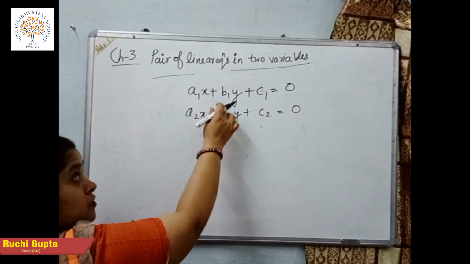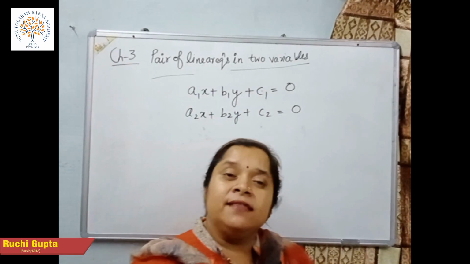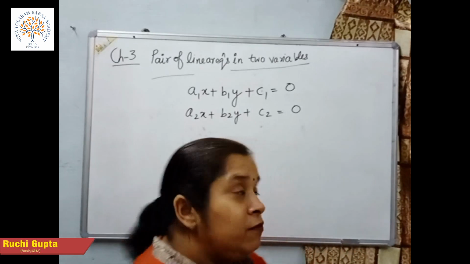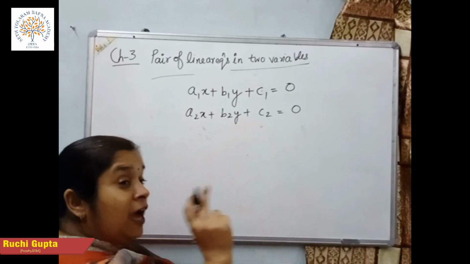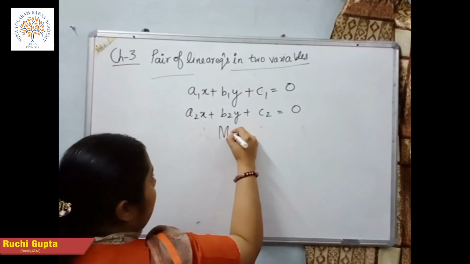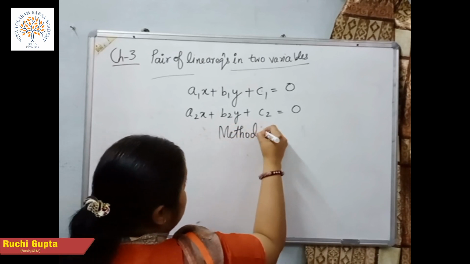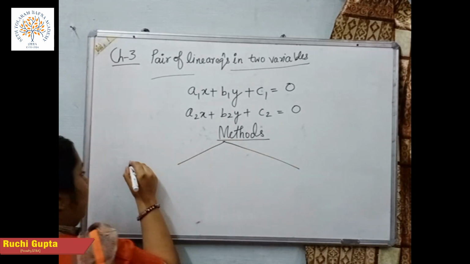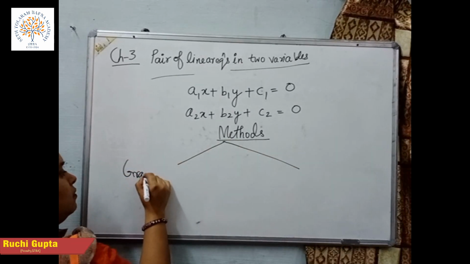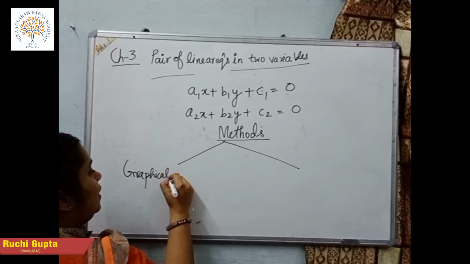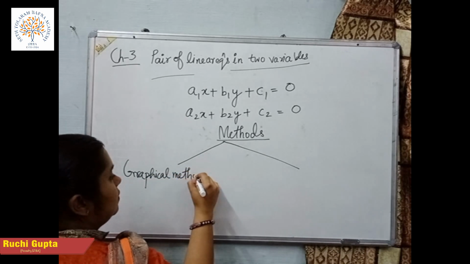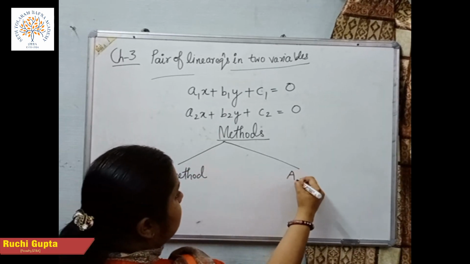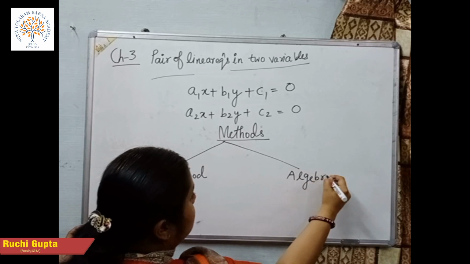Now to solve these two linear equations, which means to find the values of unknown variables x and y, we have two methods. The first is the graphical method and the second one is the algebraic method.